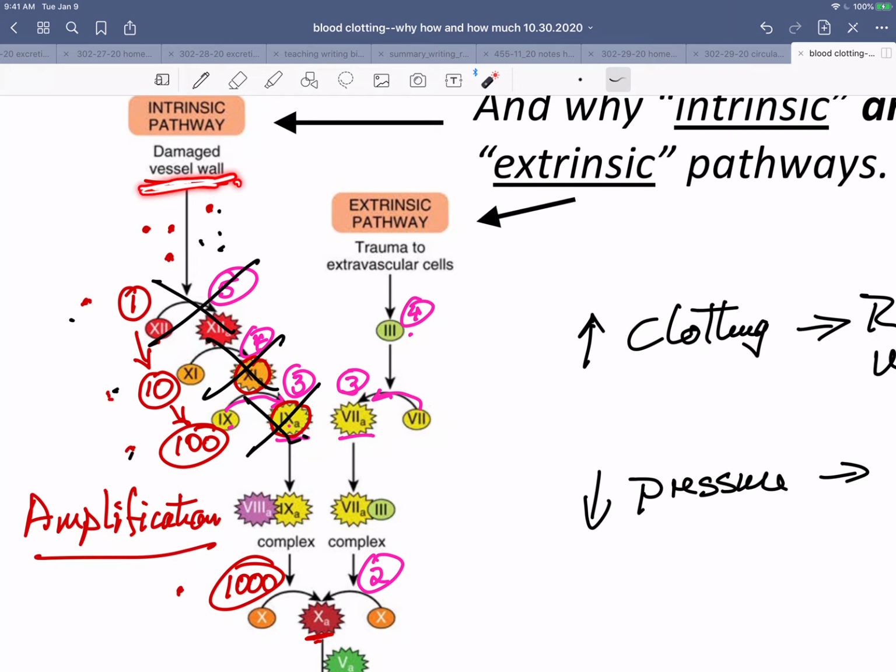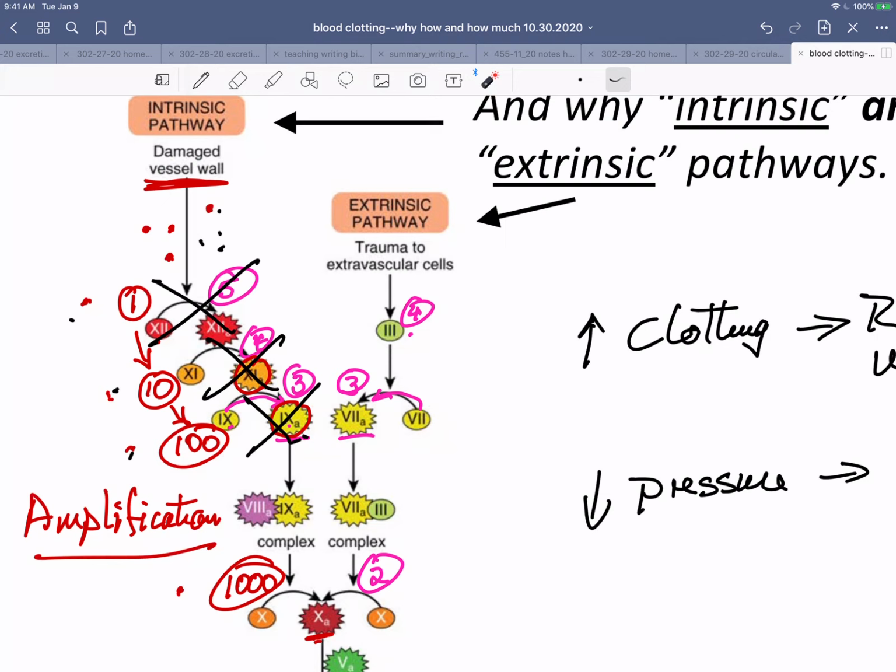And in a damaged vessel wall, you would want to repair that as quickly as possible, especially given that a lot of the fluid may be moving rapidly away from the area of damage because of the pressure of the blood behind it. And so additional amplification steps may help compensate for the fact that a lot of these chemical messages are being carried away.